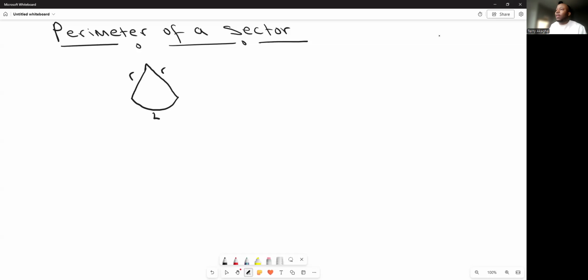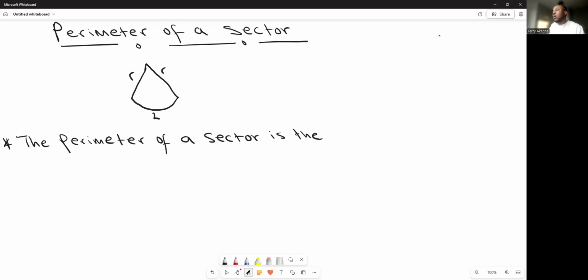So let's get cracking. Because I know students will take notes, I'm going to write down what I just said. The perimeter of a sector is the distance around the sector.